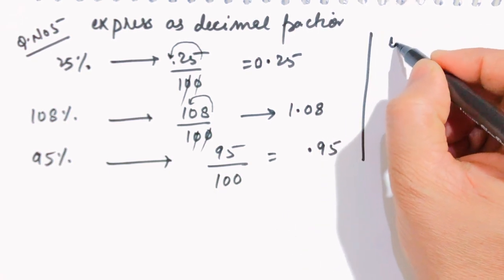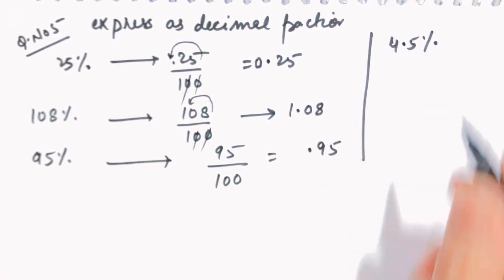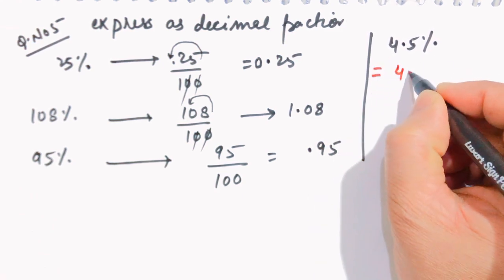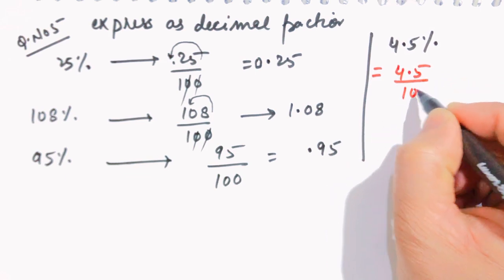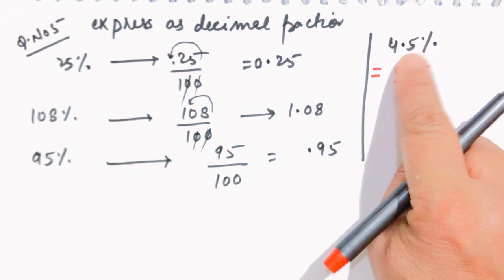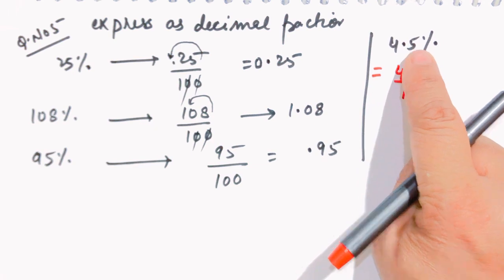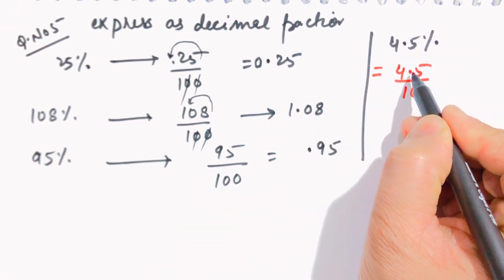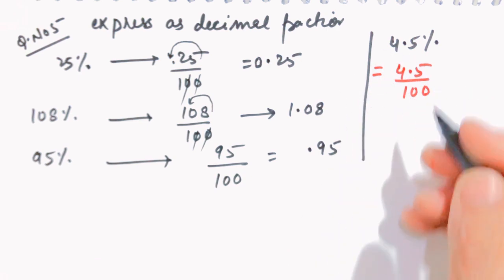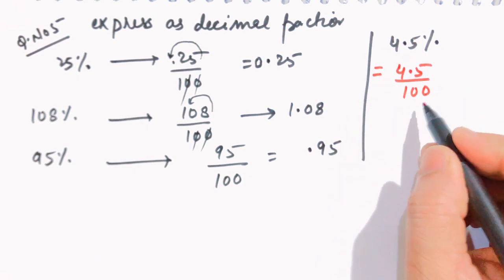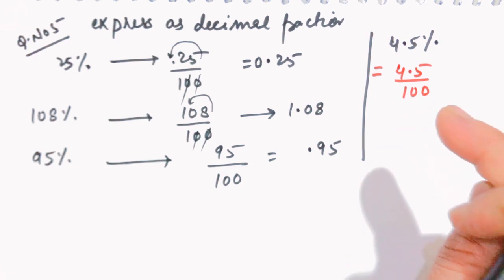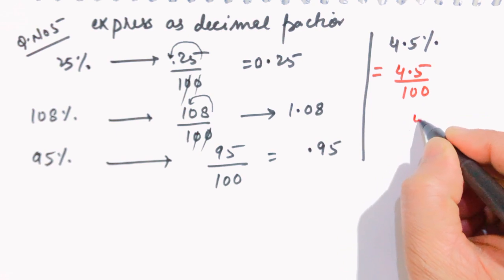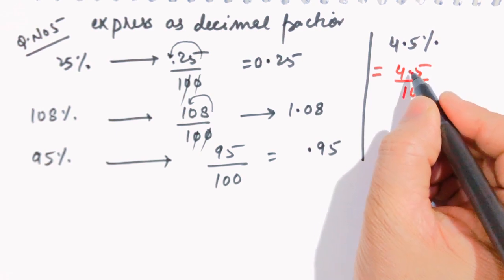What do you think about 4.5%? So 4.5%, what will I think? I will think nothing. I will just divide it by 100, because 4.5% means 4.5 out of 100. Let us put the decimal. So the decimal will jump two places towards the left hand side. Why? Because when we divide a particular number, we are guaranteed that the number will become smaller. So for 4.5, the decimal will move two places.